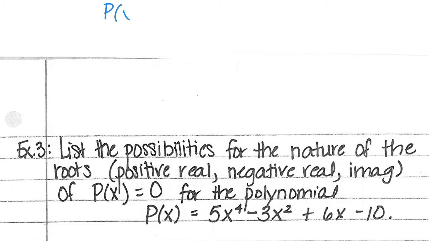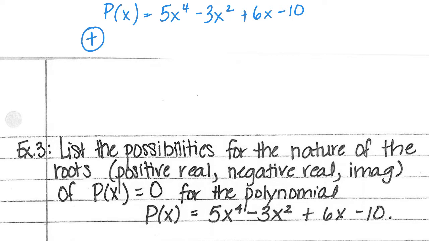It says p of x is equal to 5x to the fourth minus 3x squared plus 6x minus 10. So if I put a positive x in here, it's already positive, so none of these signs are going to change. I have a positive 5, a negative 3, a positive 6, and a negative 10.